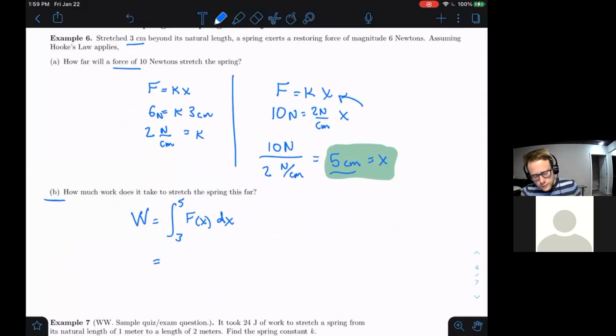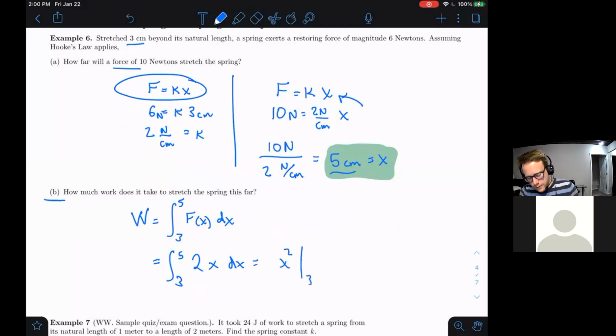We also know, as we solved, what our force function is. Force is going to be Kx, and we found that the K value was 2. So this is just going to be the integral of 2x, which has a nice integral. That's going to be x squared, evaluated from 3 to 5. And so we get 25 minus 9, and so we get 16.